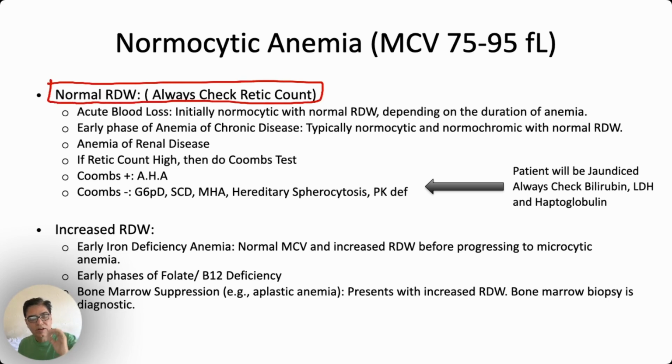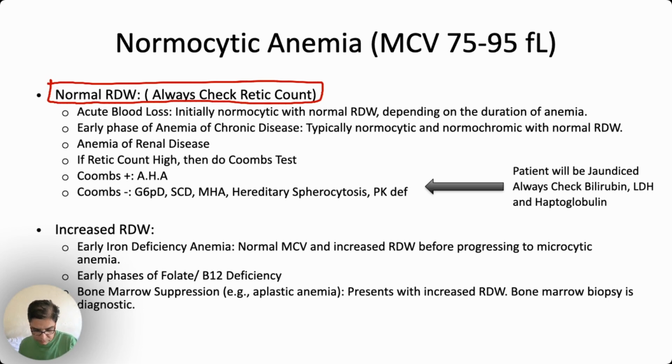you have got a child who's got pallor, hemoglobin is low, but MCV is normal and red cell distribution width is also normal. Just the hemoglobin is down. This is also quite a common condition.